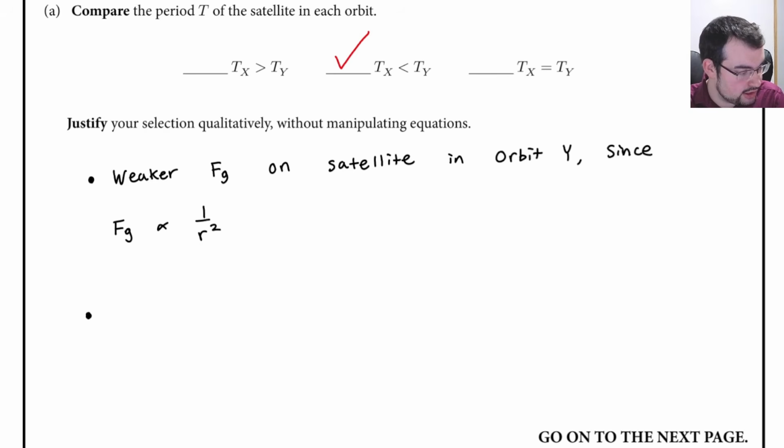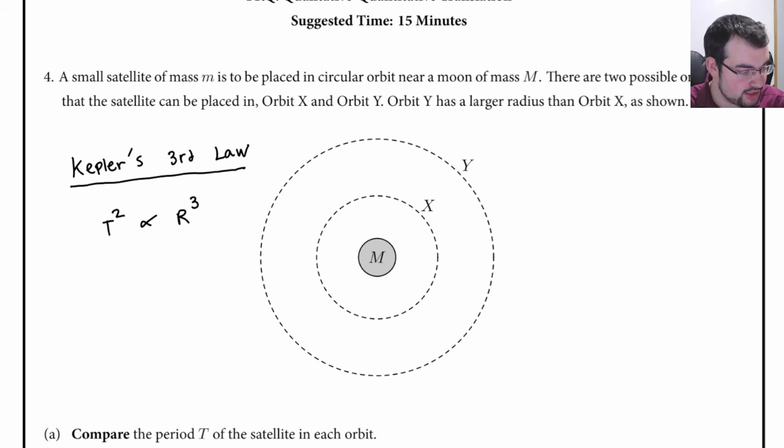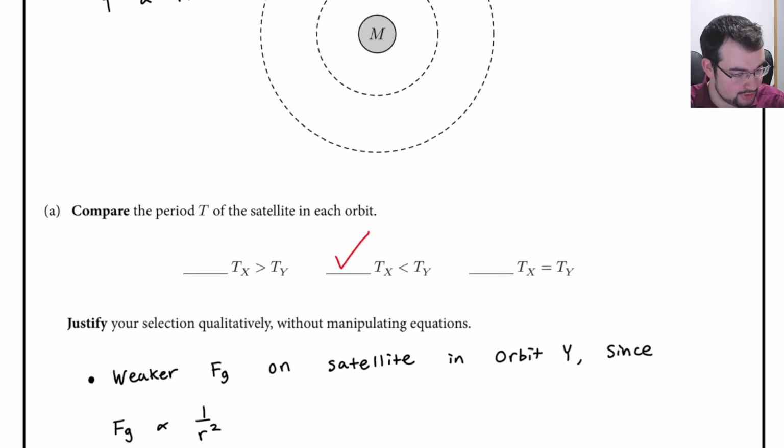Then for the second justification point, we need to say, okay, cool, now the force is less. So what does the force unlock? Since the force is less, that's going to tell us something about centripetal force and centripetal acceleration.